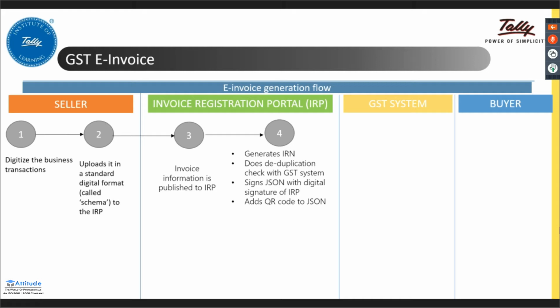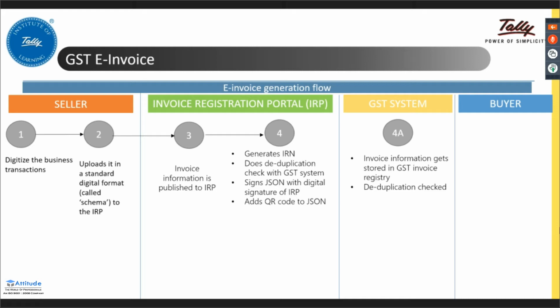Automatically the IRP will check for any duplication in the invoice, and after checking it will sign. The IRP will digitally put its signature and add a QR code to the JSON file structure. And then the invoice information will get stored in the GST invoice registry.